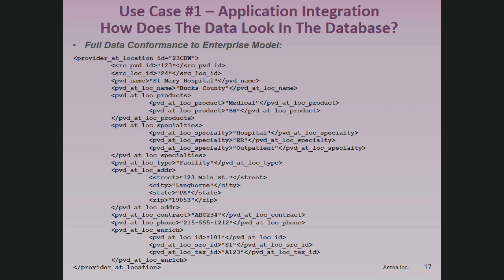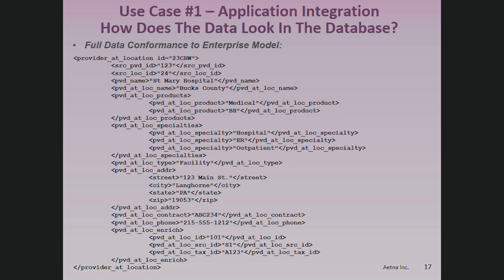So for use case 1, inside the data hub, what does it look like? This is just a little bit of a snippet of what it would mean to put full data conformance inside the data hub. So you can see here, provider at a particular location, all of their data, there's some products, here's some specialties from the hospital, here's the address information, and so on.